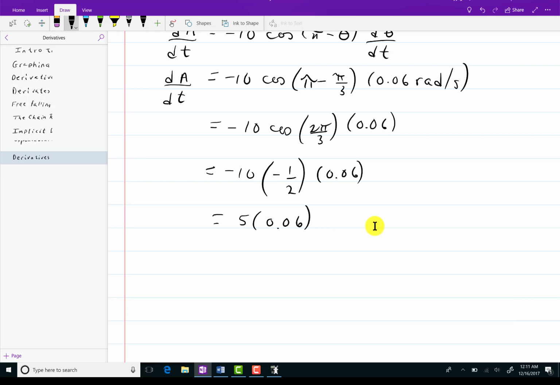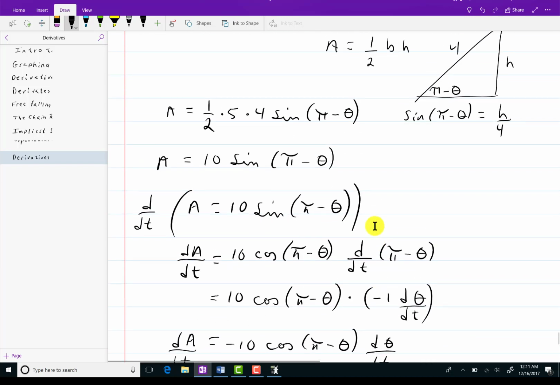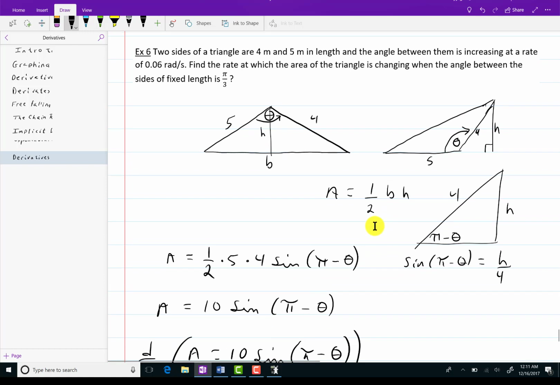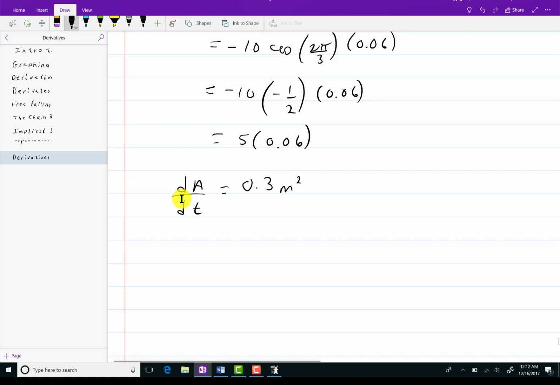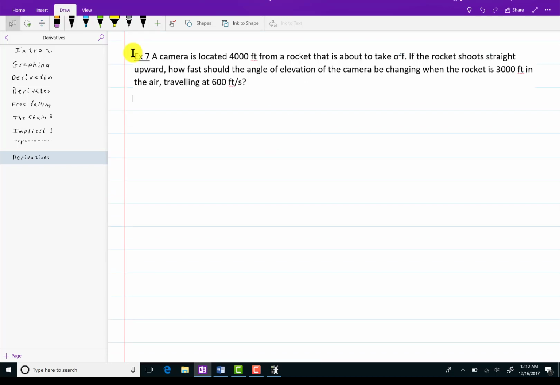And so I have dA over dt equals 0.3. And what were our units? That's all I need to get now. Since the area is going to be something squared per second, the area is meters squared per second. Meters squared per second.